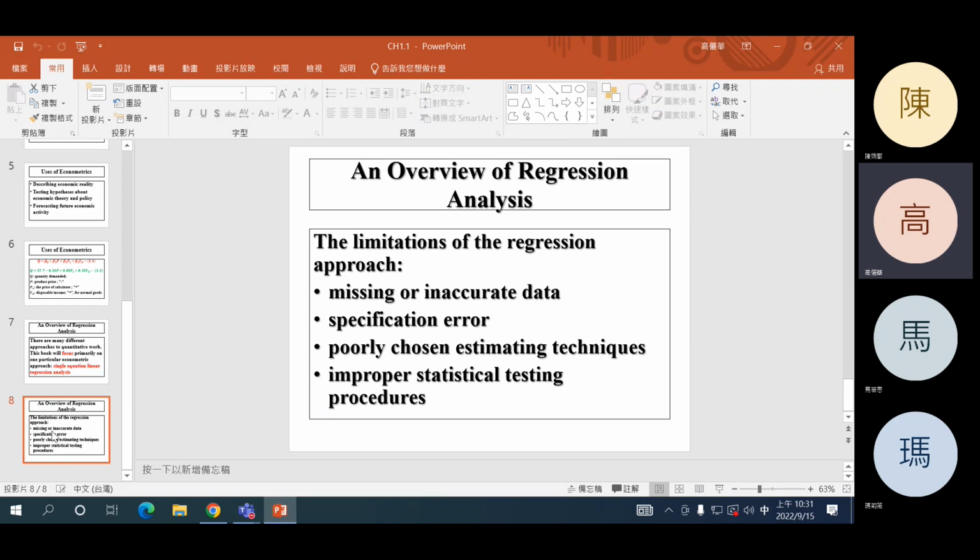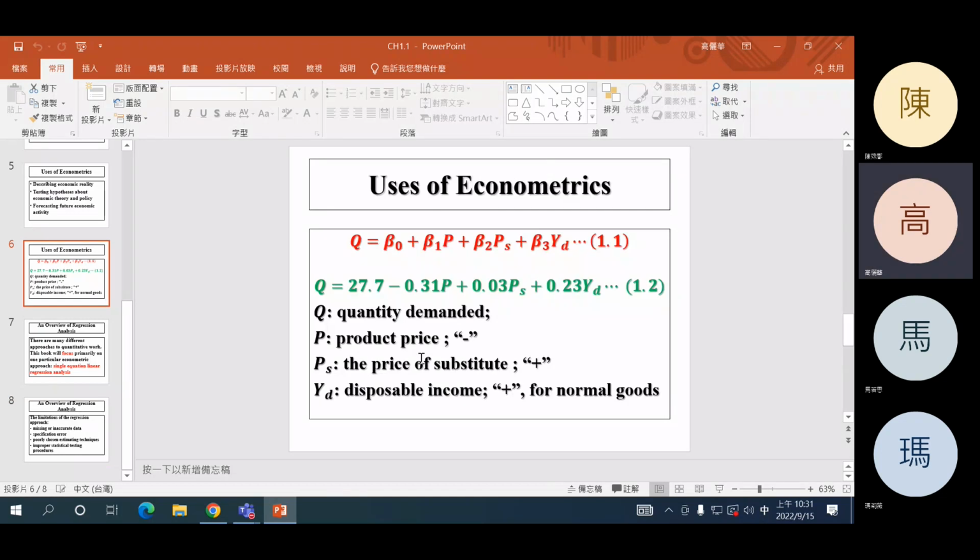We put this data into this relationship and, using those statistical methods, we come up with the output. This is what I'm saying here. We have this relationship and we collect the data and put it in. Then we come up with the result like 1.2. If all this data is incorrect or something is missing, then the result that comes out is garbage out, since we put garbage in.